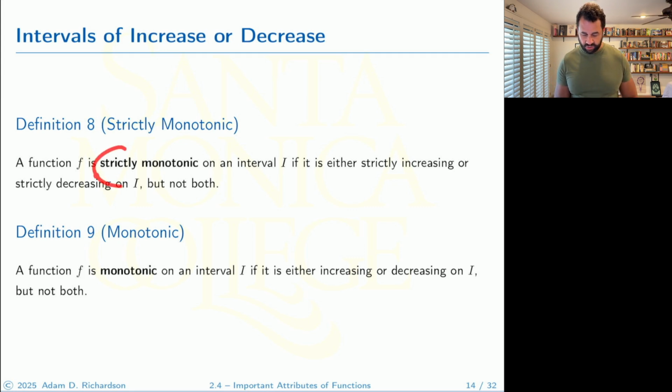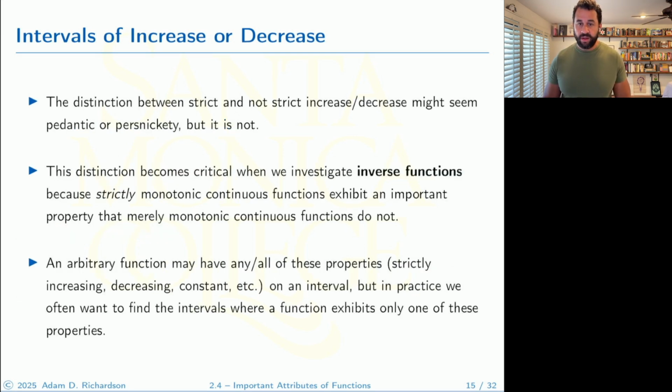A function is strictly monotonic on an interval if it is either strictly increasing or strictly decreasing, but not both. It can't do both on the interval. And then we just say that a function is monotonic if it is increasing or decreasing, but not both.